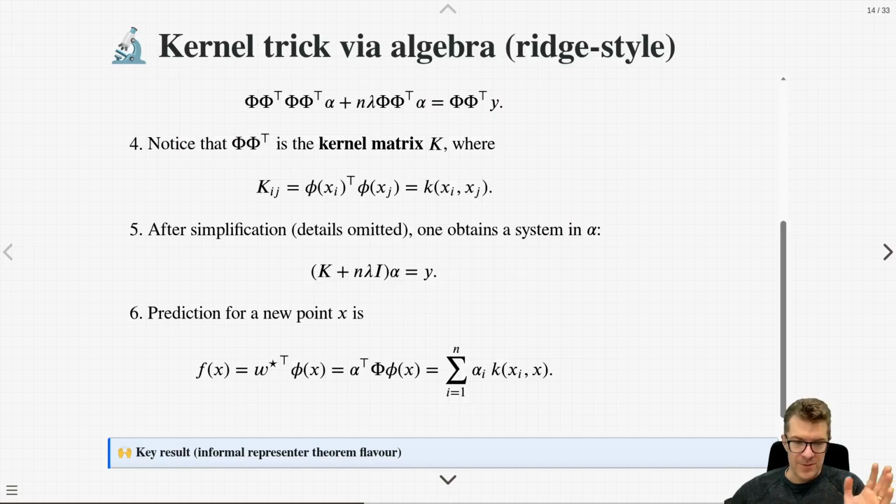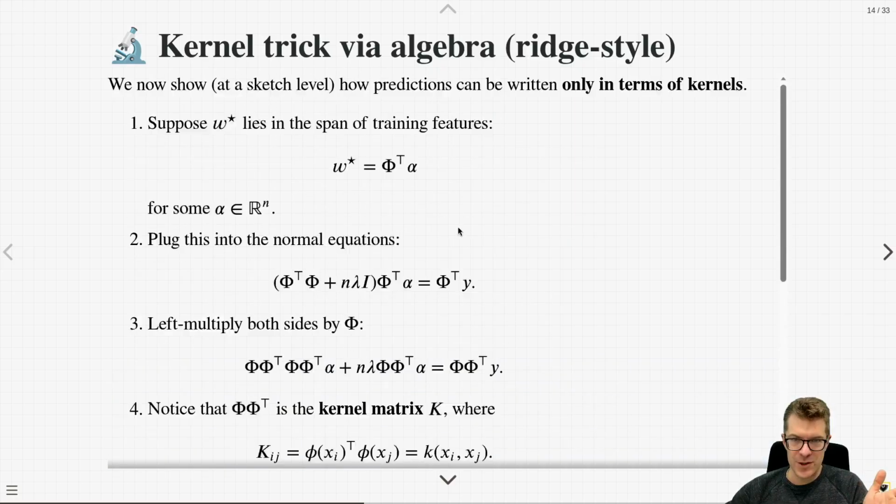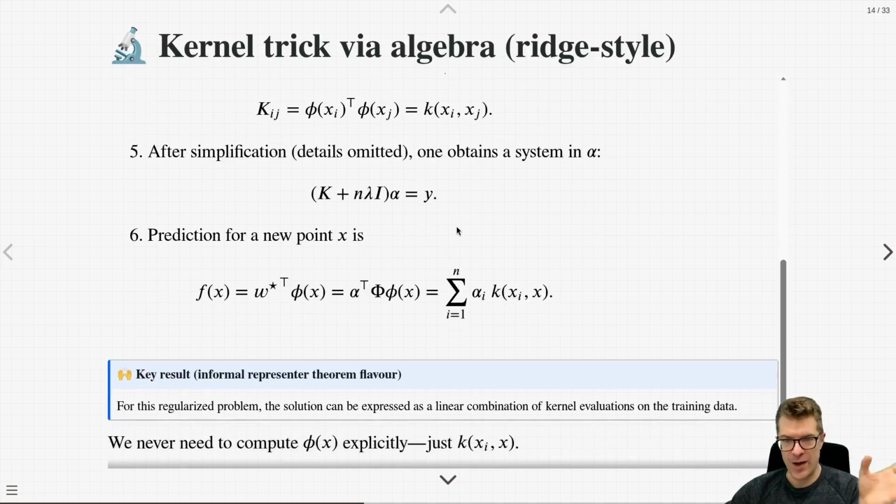I'll mention the key result. The key result here is for this regularized problem. It was regularized before: we had the regular squared loss, and we had the L2 regularized loss. This solution can be expressed as a linear combination of just kernel evaluations on the training data.